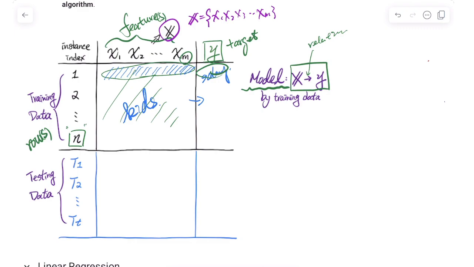For example, x1 is the height of this kid, and that is the weight. That is the breakfast he ate this morning. Basically, you can collect a lot of different features, even if the features are quite strange, like the breakfast he ate this morning. And the target can be any arbitrary thing you would like to figure out the relationship with the features.